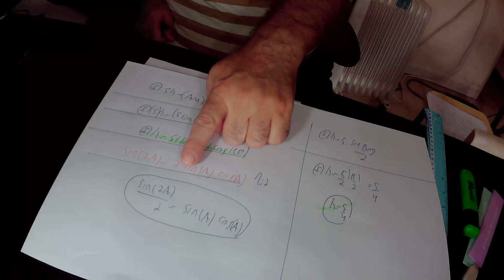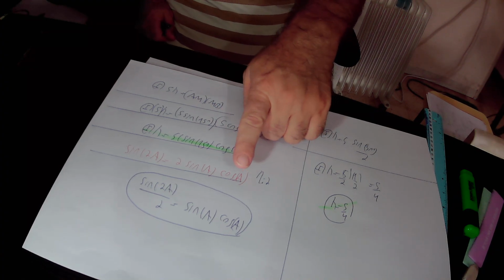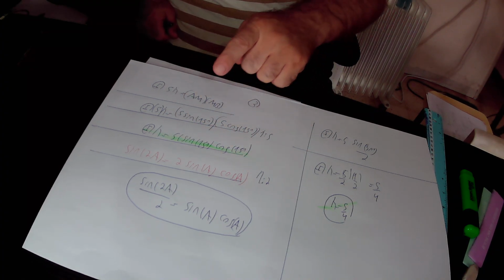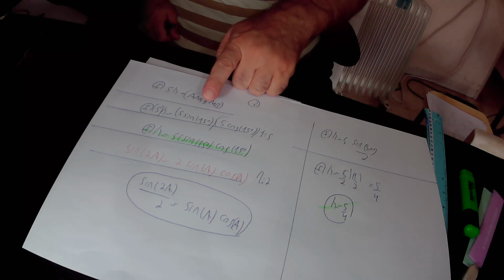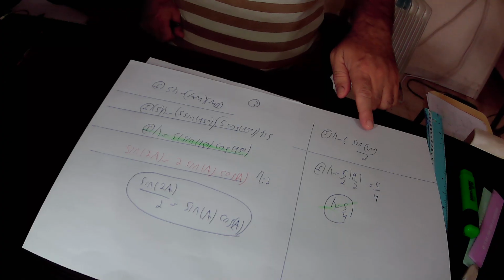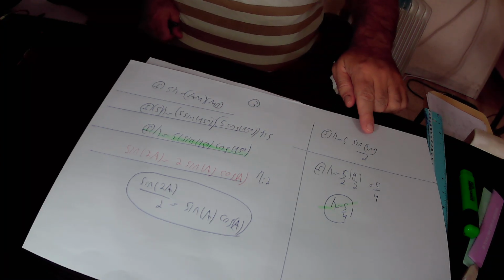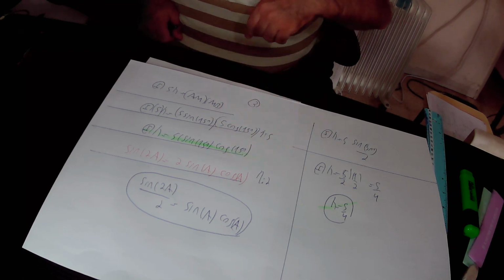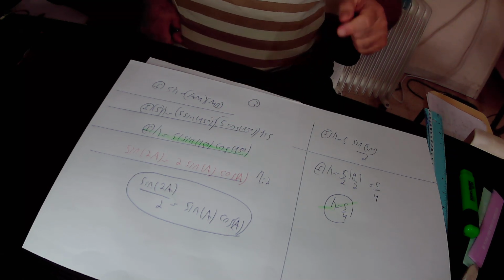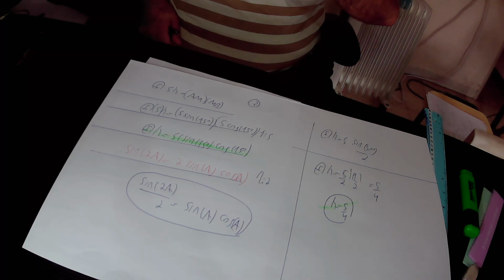According to this identity, sine 15 degrees times cosine 15 degrees equals sine 2A over 2. That is to say, it equals sine of 2 times 15 over 2, so sine 30 degrees over 2. So according to equation 1, H equals 5 times sine 30 degrees over 2.